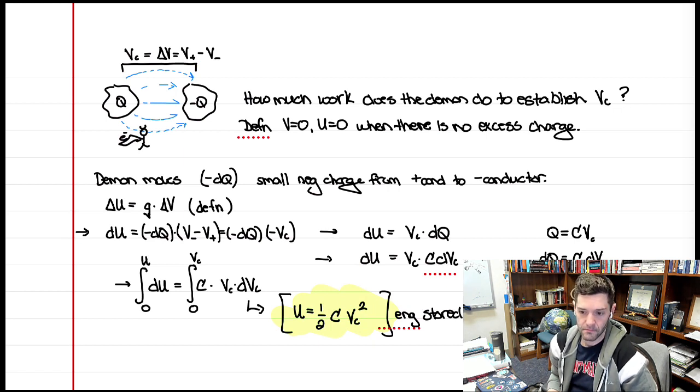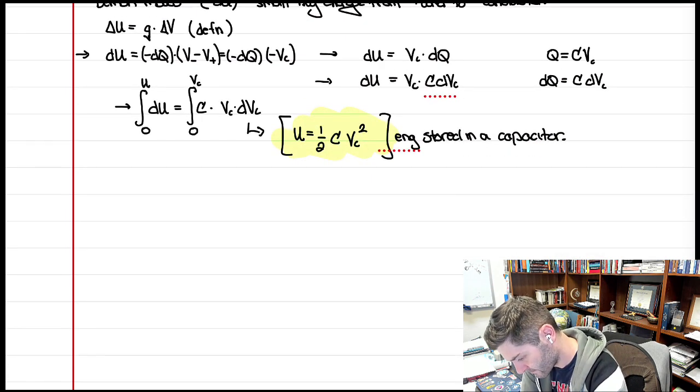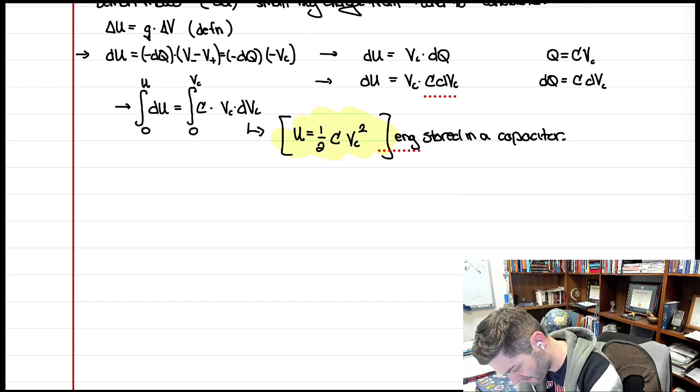So, let's now actually calculate what the capacitance is for the most common type of capacitor, which is the parallel plate capacitor. So again, these are usually two thin sheets of aluminum foil with maybe something in between them. Let's not have anything between them.